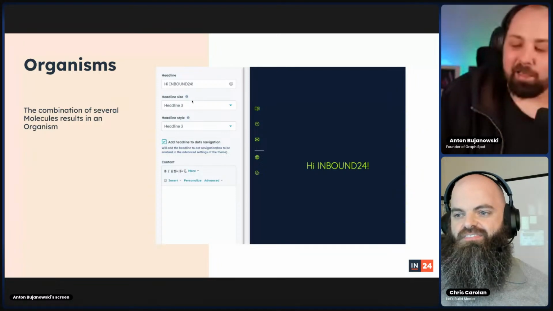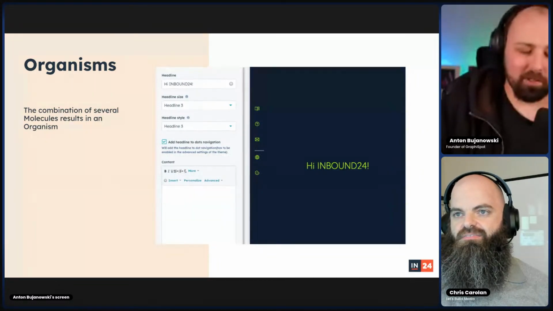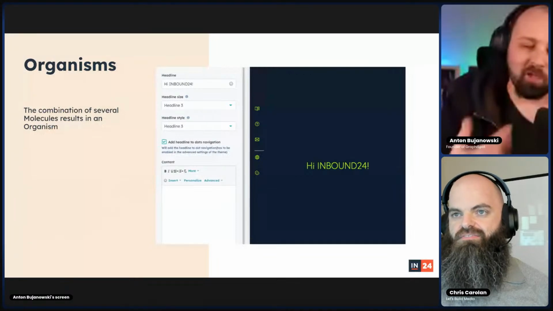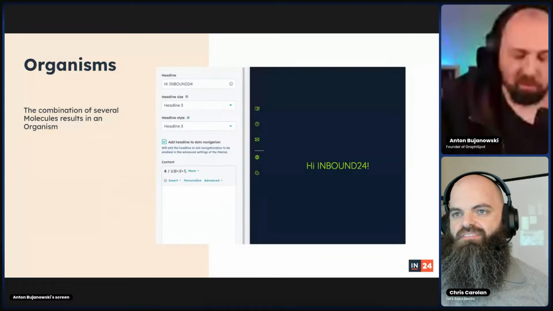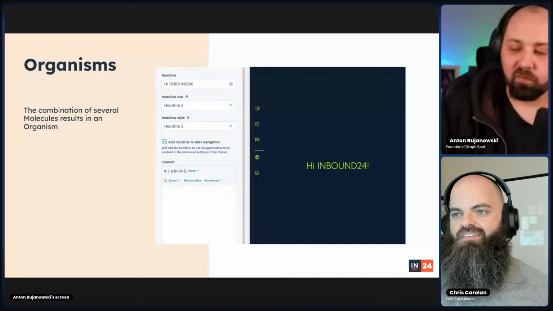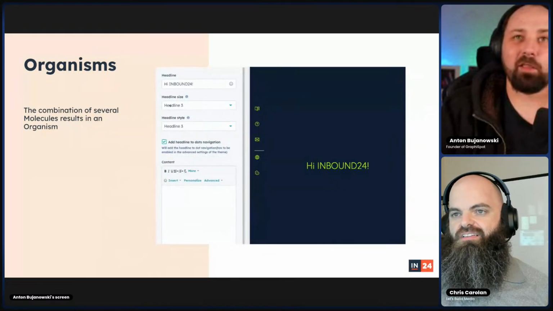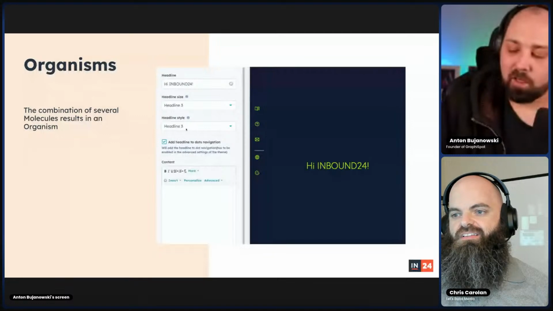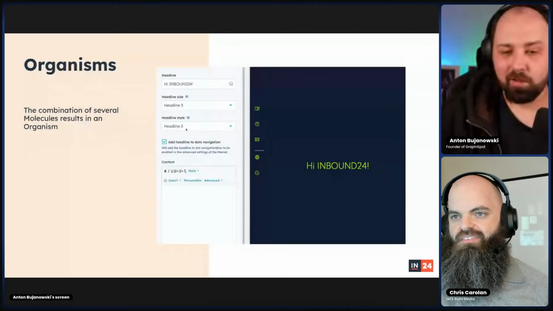Then I got a headline size, which is responsible for the SEO tag, like H1, H2, H3, and so on. And then I have a headline style, which is responsible for the class. This means I have, in this example, an H3 with the same class H3.